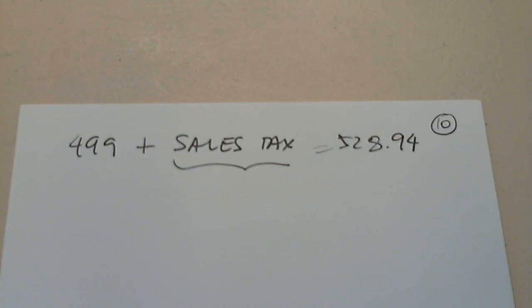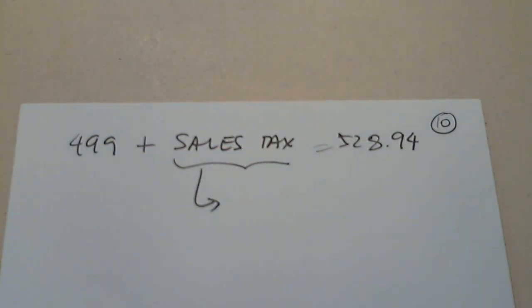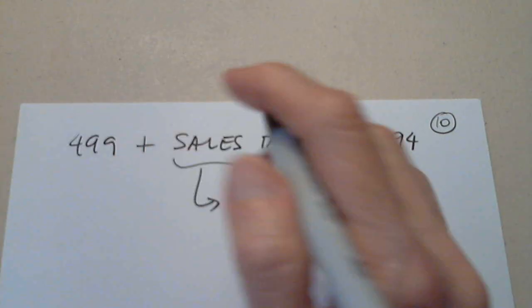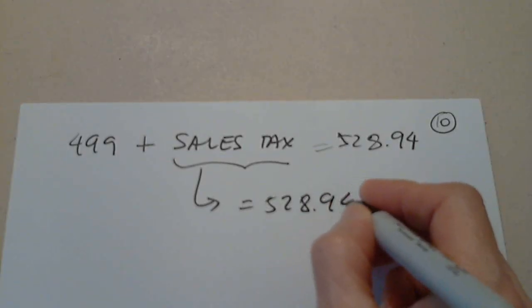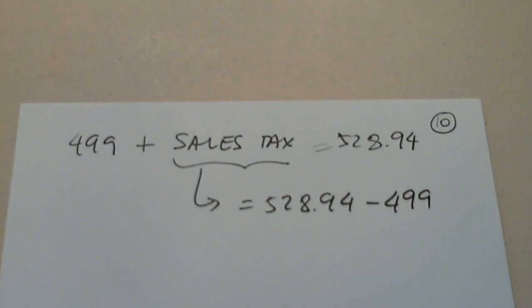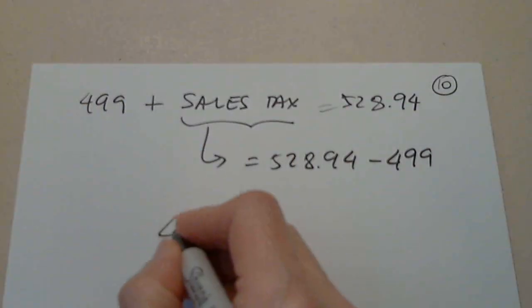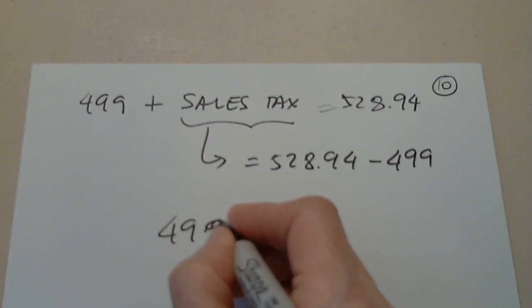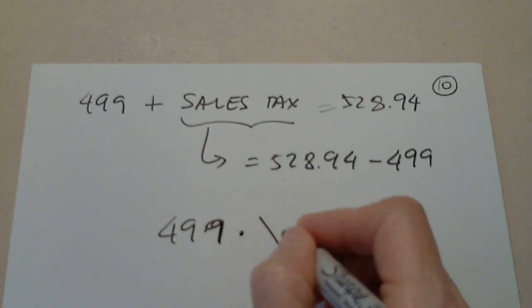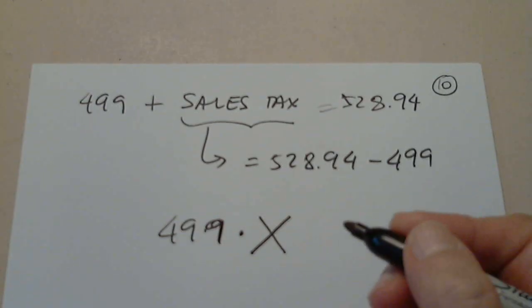Good. So let's find the sales tax first. How do I find it? Find the difference. Exactly. So 528.94 minus 499. That's the sales tax. But remember, the sales tax is the original price, $499, multiplied by the sales tax rate.